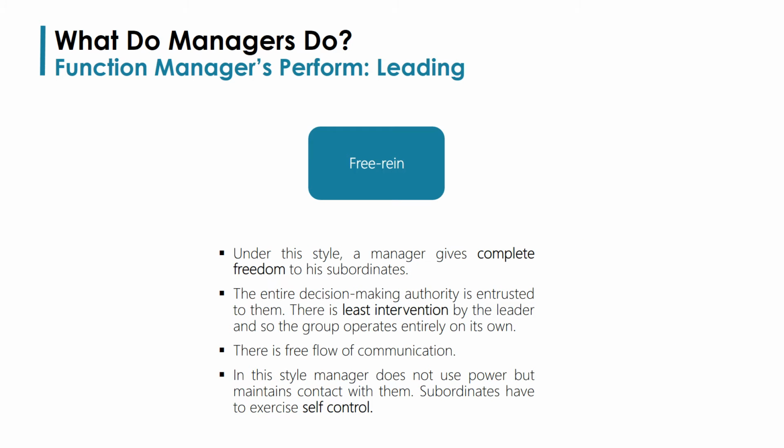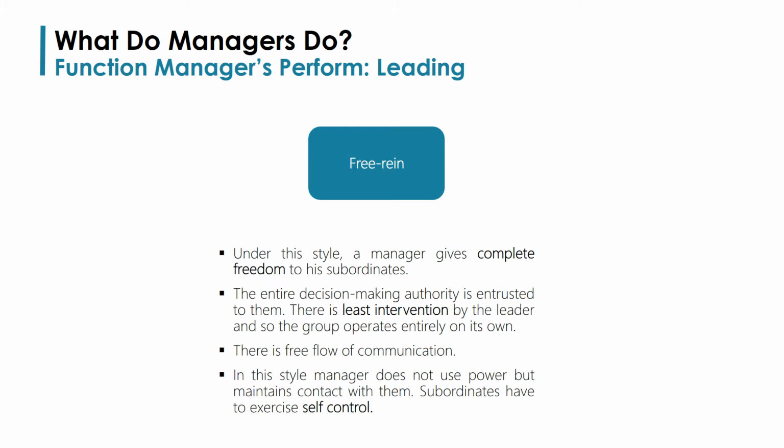The third type of leader under the leading function would be the free reign, which is a little bit different, where complete freedom is given to the subordinates. The entire decision-making process is entrusted to them and placed in their hands, with minimal intervention on the side of the leader. So the group operates on its own with minimal direction, guidance, and intervention from the leader.